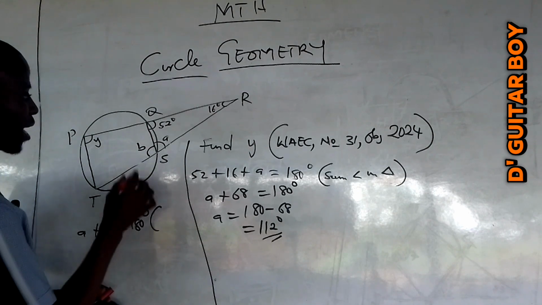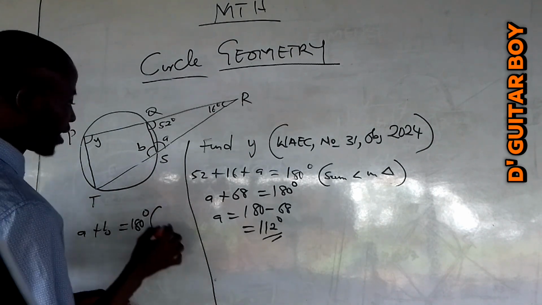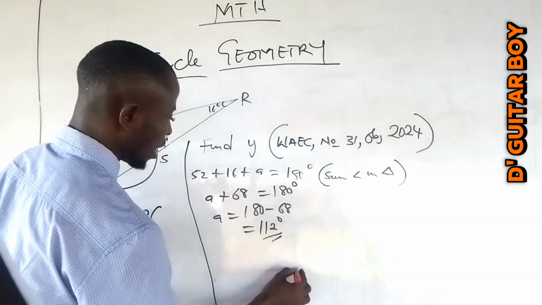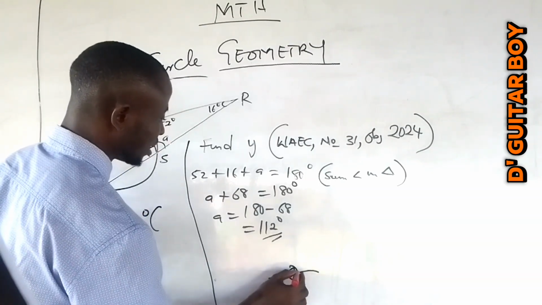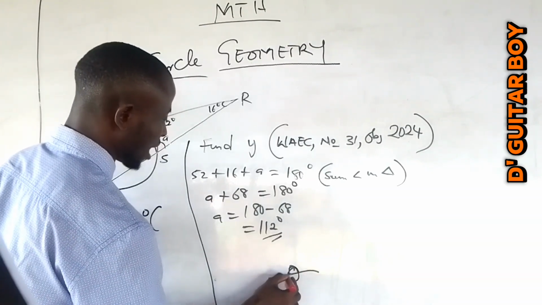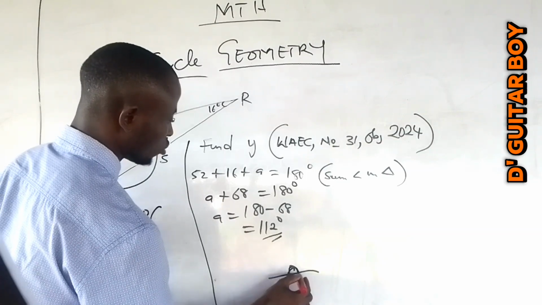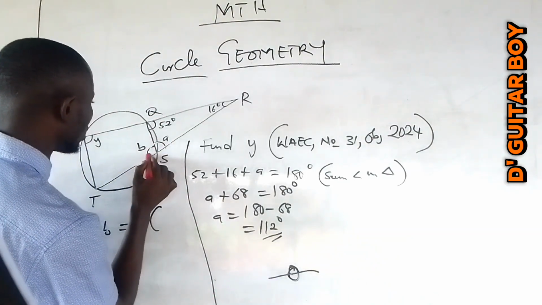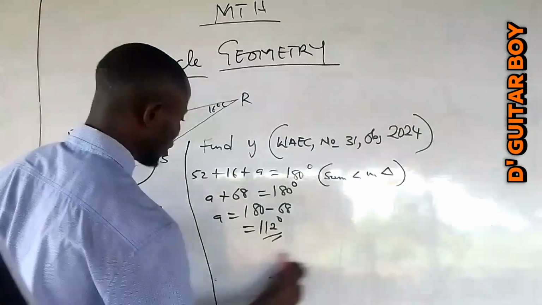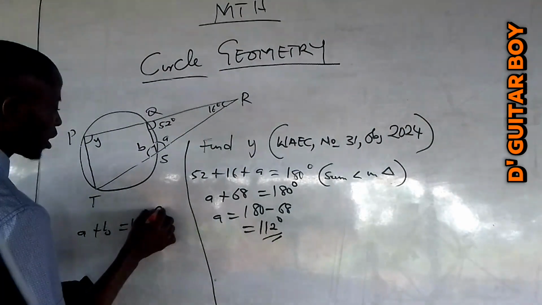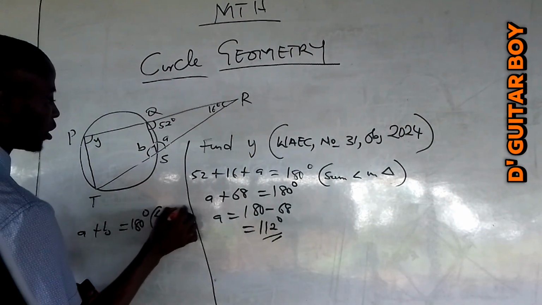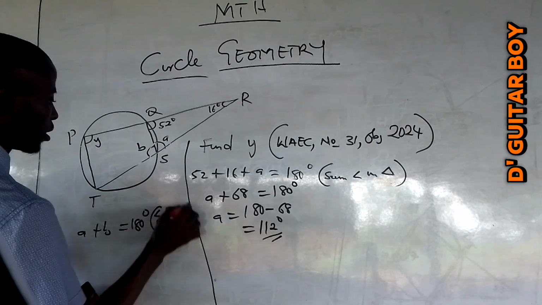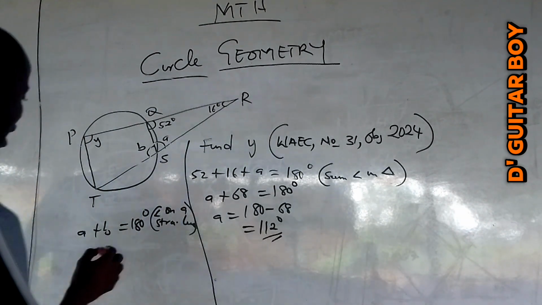You remember when we did angles on a straight line, this angle on this straight line is 180, and this angle on this straight line is 180. So everything on this straight line is 180. So angles on a straight line is 180.